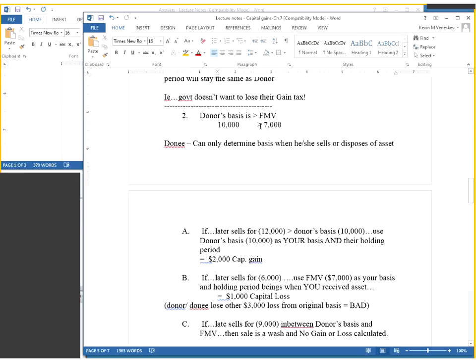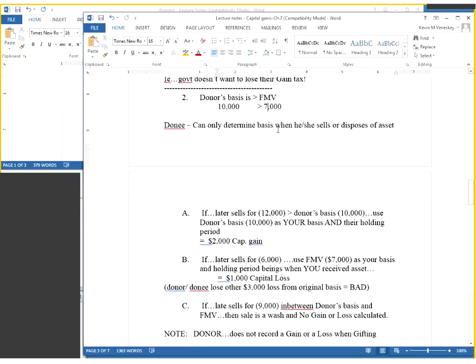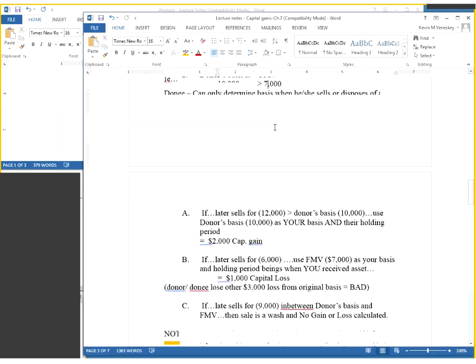If you have a loss, go ahead and sell it for 7, give the money to whoever you were going to give it to, and buy a new stock at a $7,000 basis. Therefore, the donor gets to record that $3,000 loss, and the receiver still gets the stock. They just get it at $7,000, and then whatever happens from that point, the new owner will take care of it using that $7,000 basis.